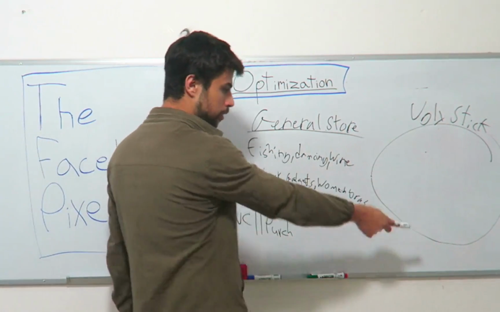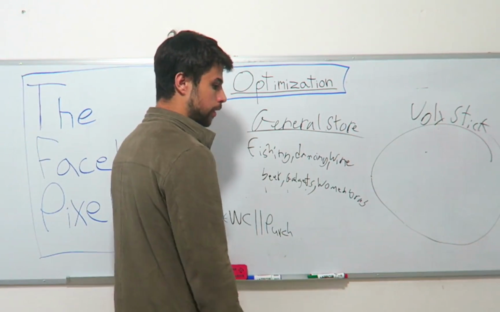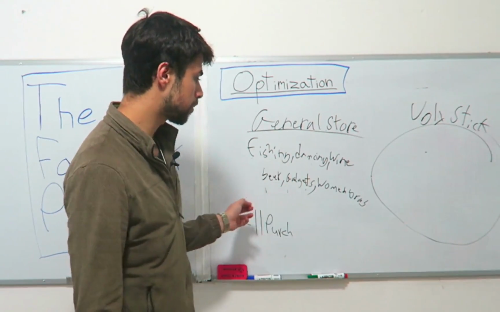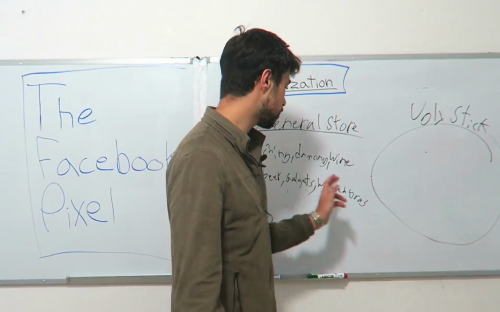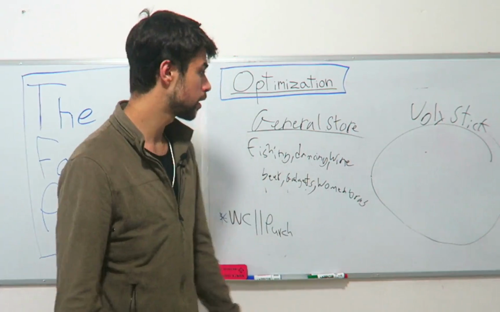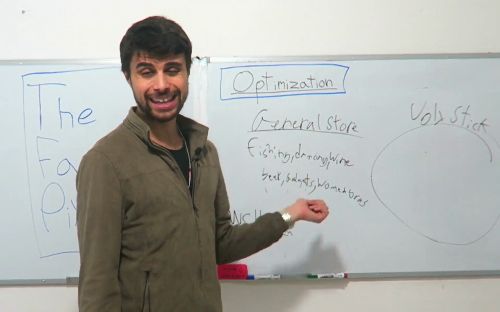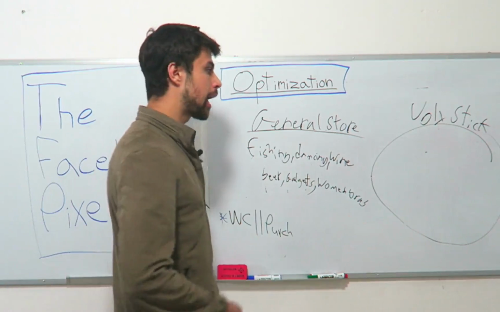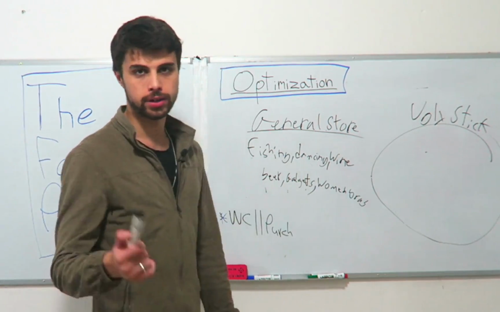Then when you target an audience, sometimes a fishing audience, sometimes women's bras, sometimes a wine audience, Facebook takes the data of all of these random buyers and tries to find a pattern, and it will have a hard time.